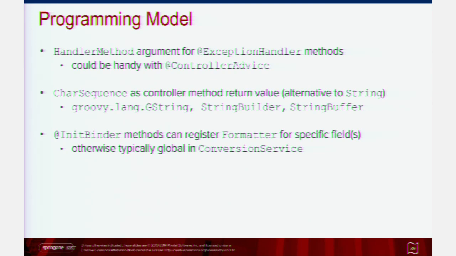We support CharSequence as a controller method return value now, which means you can return a StringBuilder or StringBuffer instead of String, as well as a Groovy GString, which is actually where this request came from.